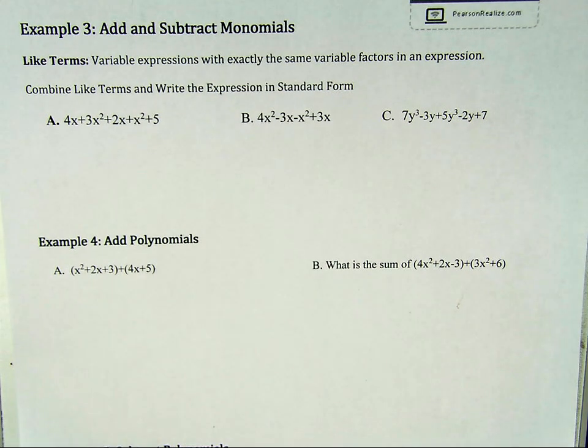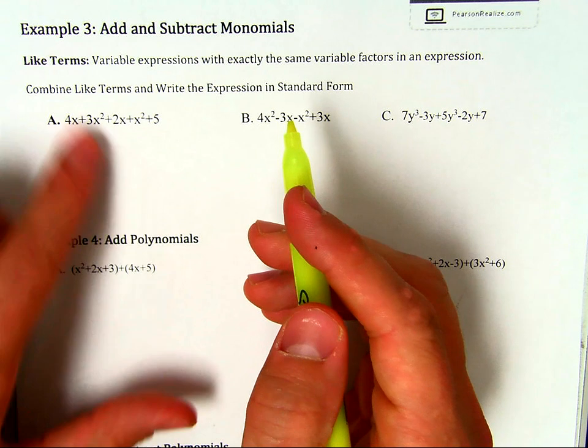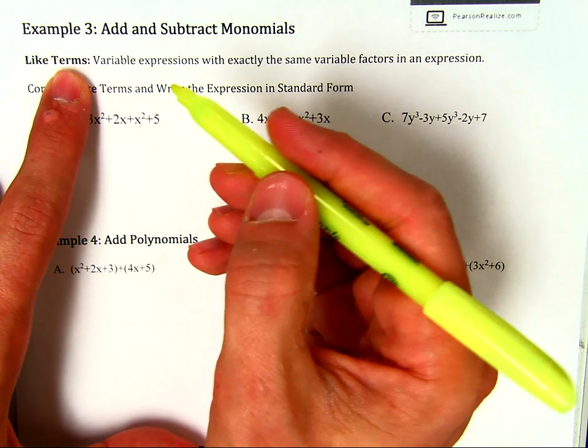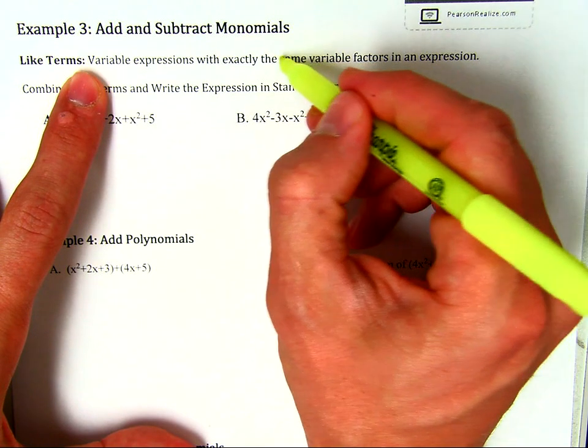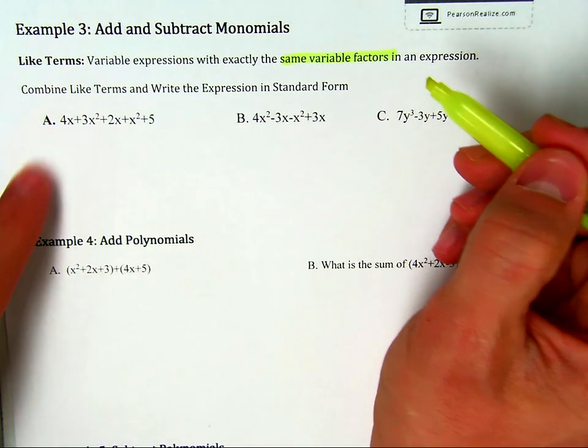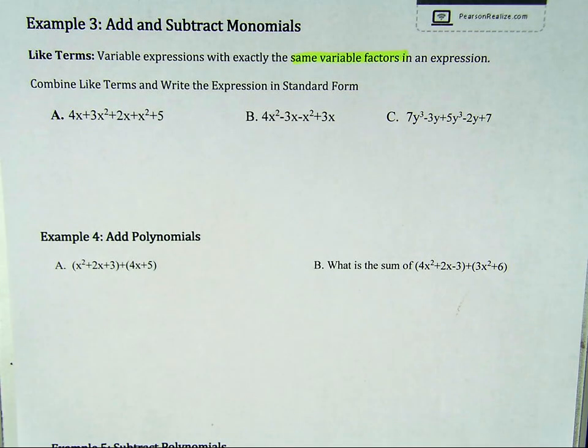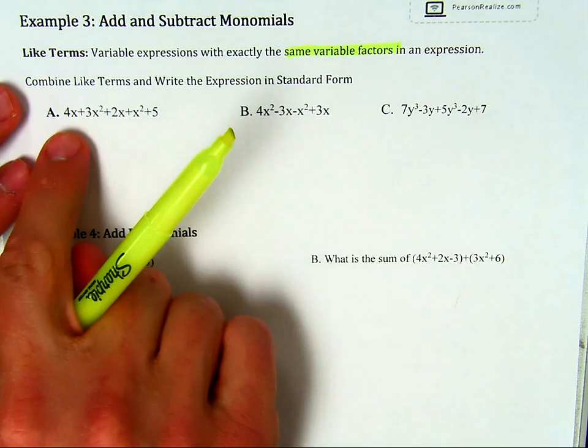All right, example 3. It's talking about adding and subtracting monomials. Basically what we're going to do is combine like terms. Like terms are variable expressions with exactly the same variable factors.